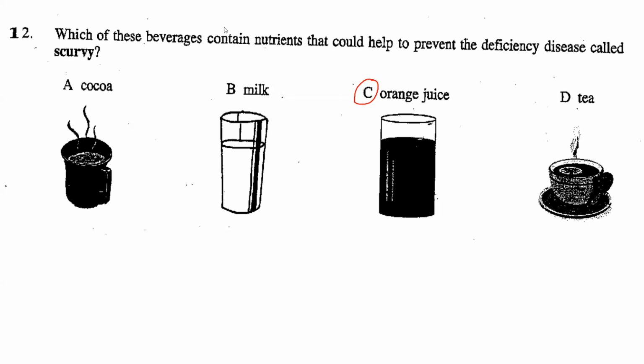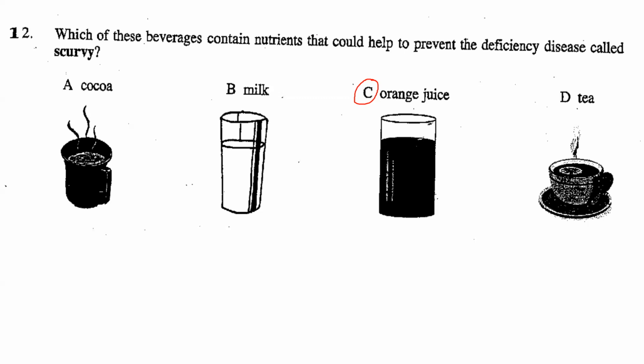All right, are we done with the slide? No, sir, we're writing it. Okay, while you're writing it, let me ask someone else. Which of these beverages could help to prevent you from getting the deficiency disease, scurvy? Orange juice. Why orange juice?